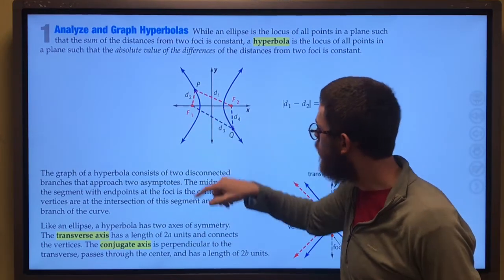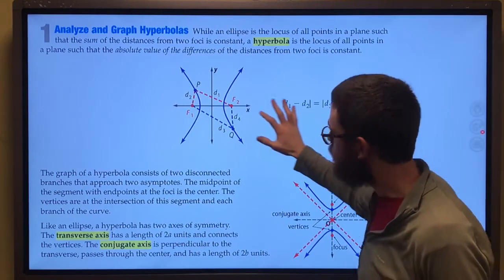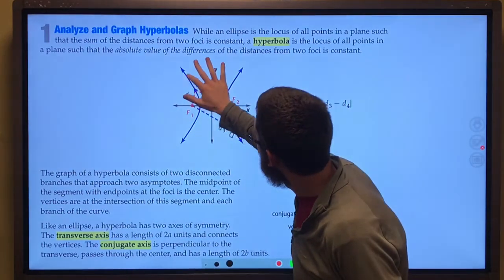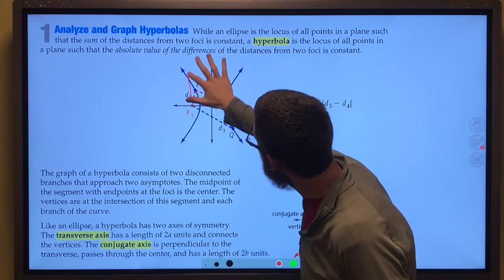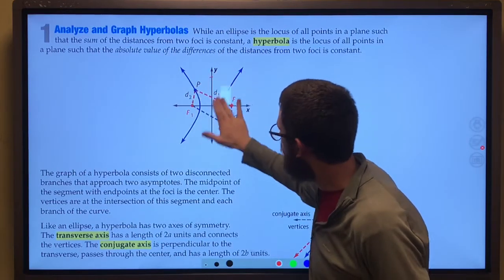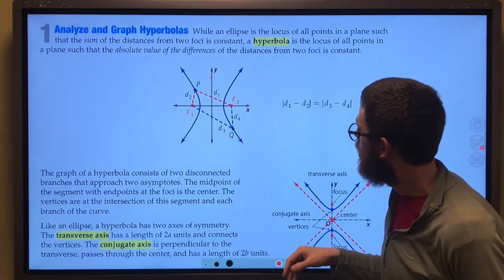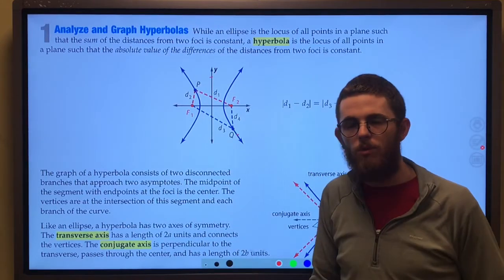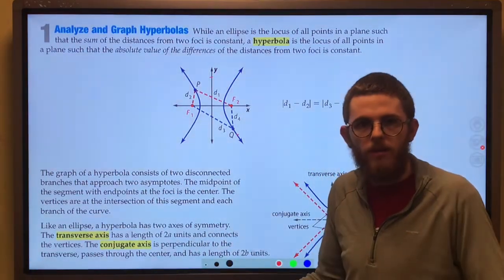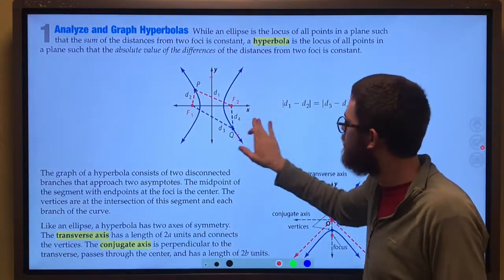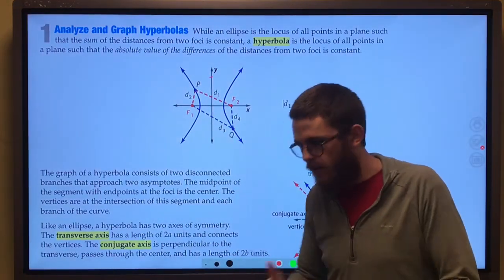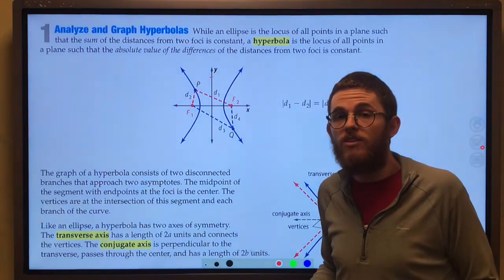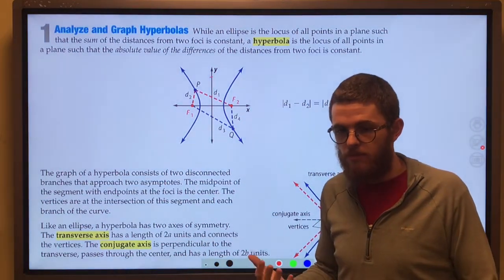Now, any point on our hyperbola is going to have the same difference in the distances as any point on the other. Essentially, for any point, if you measure the distances to the two foci and find the difference, it's going to have the same difference.